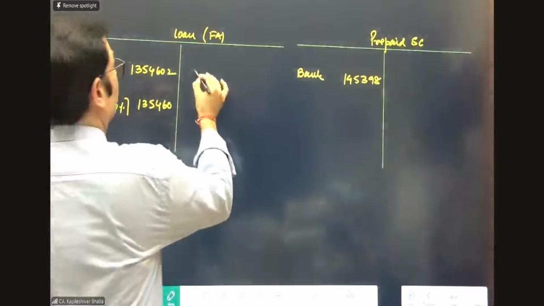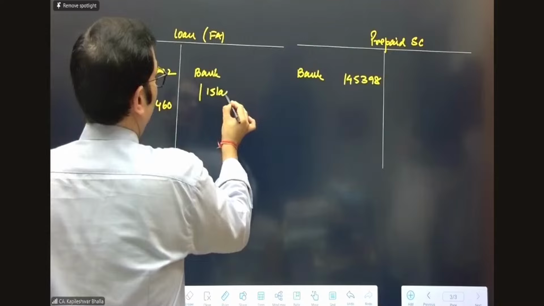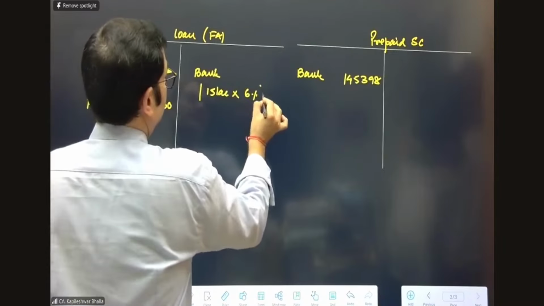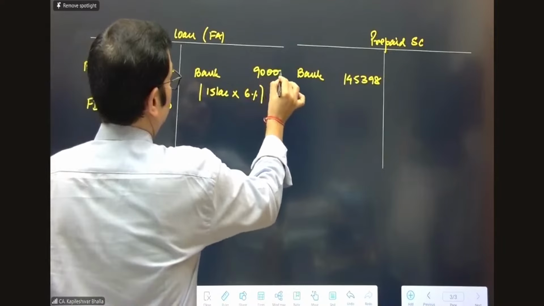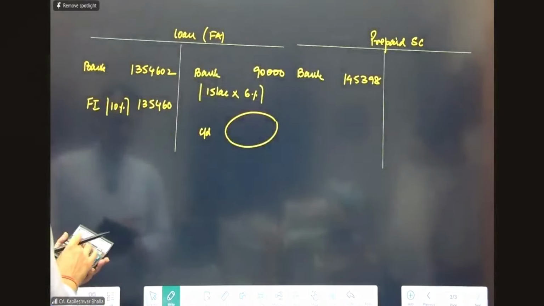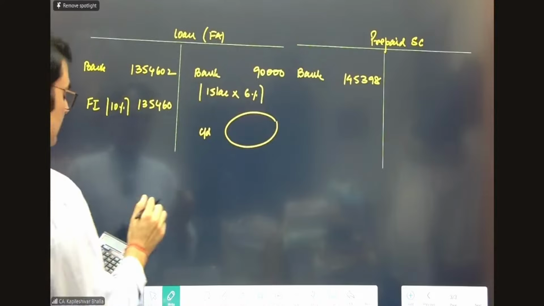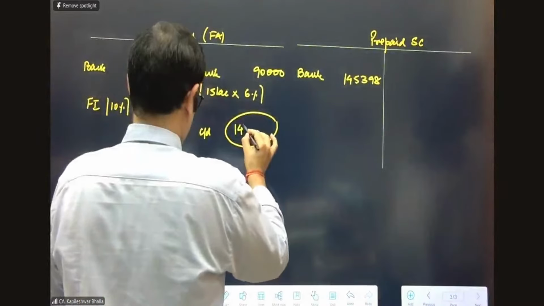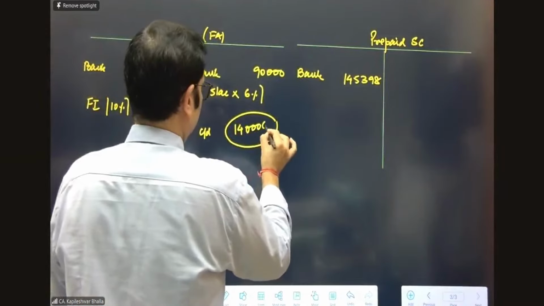And then we receive the interest as well at the end of the year, which is of course at the contracted rate. So on 15 lakhs, there is 6% interest, which is received at the contracted rate at the end. And we can get the balance c/d as a balancing figure in this ledger. So 1,354,602 plus 135,460 minus 90,000 works out at 14 lakh 00,062.